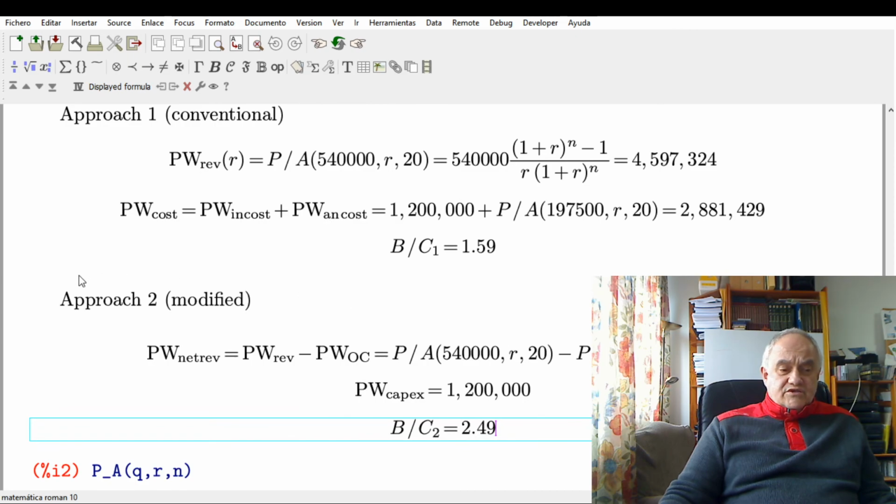And the person who has used this approach will consider that what we are obtaining is extra revenues because we are saving in operational cost due to the investment. So the way you treat it will be totally different. But once the numbers have been produced, sometimes you don't keep the memory of how they were computed.